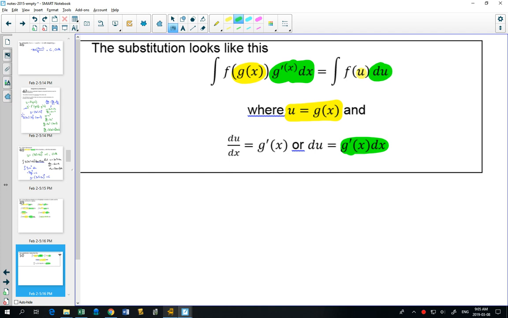And the purpose of substitution is to change a complicated looking integral into something easy. And then integrating the easy thing and substituting back in the end and going, oh, I can see the answer now, but maybe I couldn't see it originally.